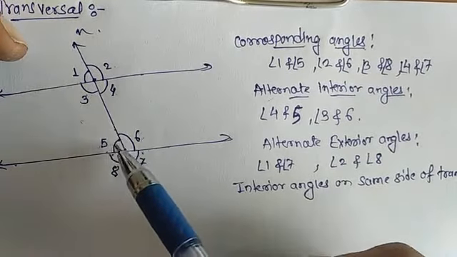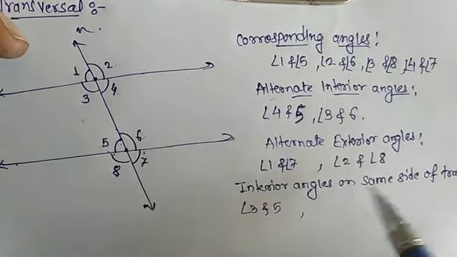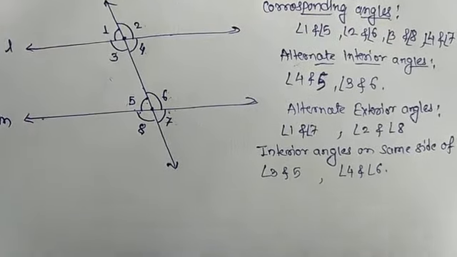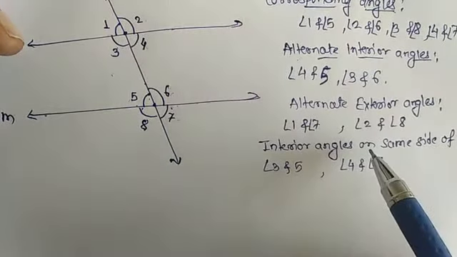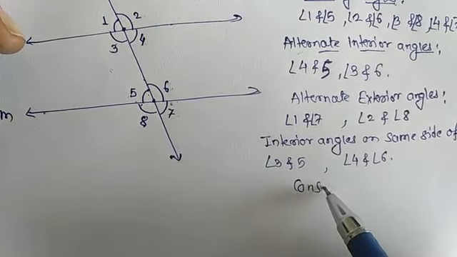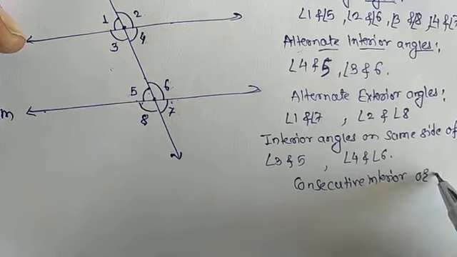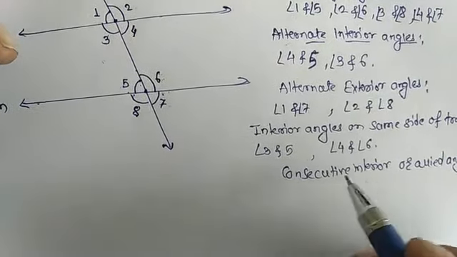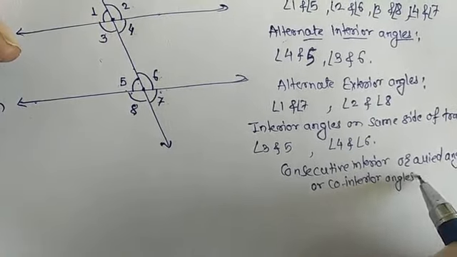On the same side means angles 3 and 5 are on the same side, and angle 4 and angle 6 are on the same side of the transversal. Interior angles on the same side are also known as consecutive interior angles, allied angles, or co-interior angles.